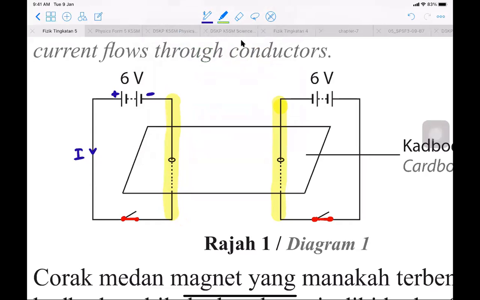So what type of rule are we going to use to determine the magnetic field around the straight wire? Which rule?